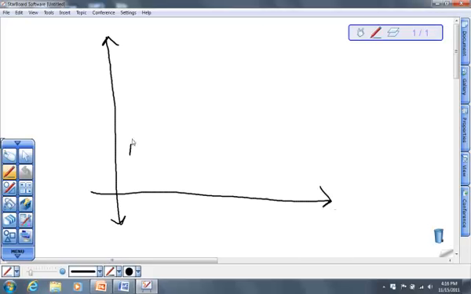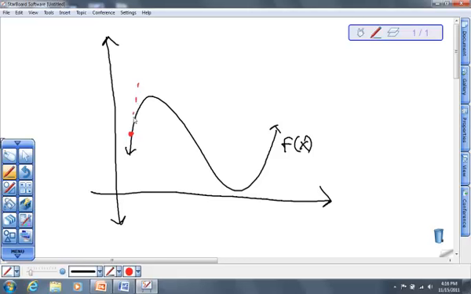So I just have a quick visual. I'm going to keep this as simple as possible. Let's say I have a function that looks something like this. We'll call it f. If we were to start picking points along this function and graphing the tangent line, note that one's a very steep positive slope.